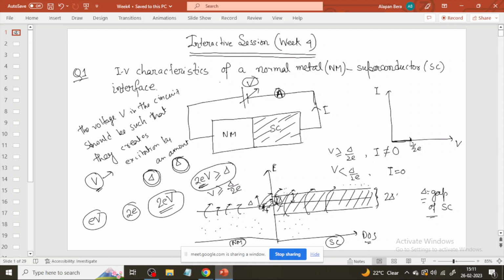As soon as we go above this voltage delta by 2e, we get some finite current. So this will be the IV characteristic of the junction.